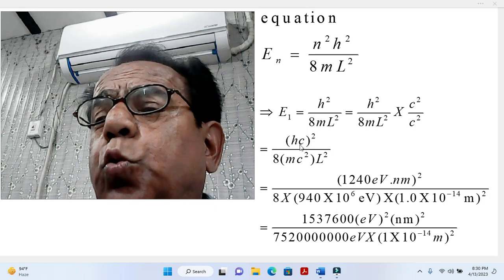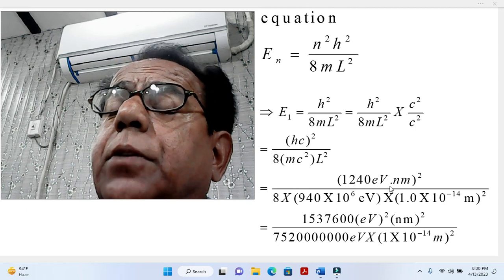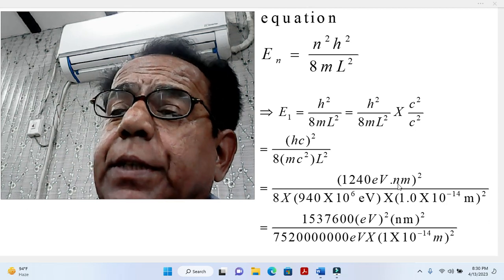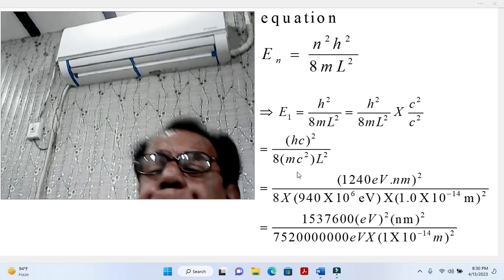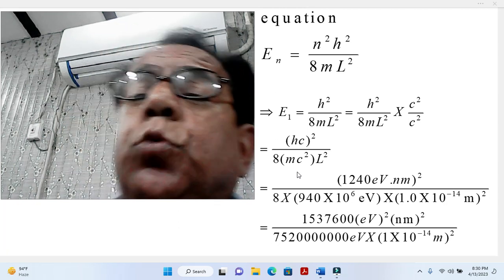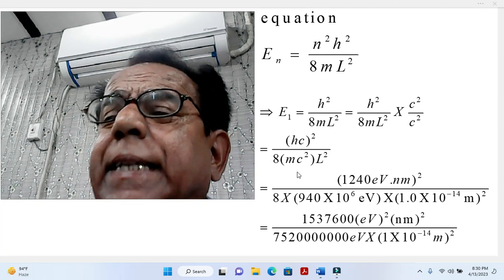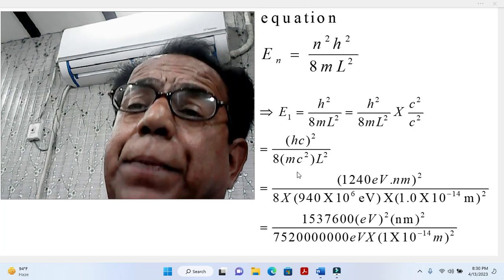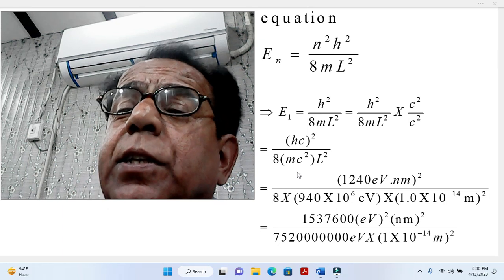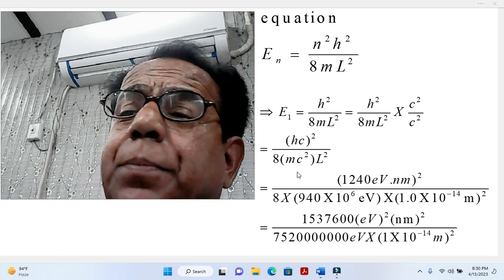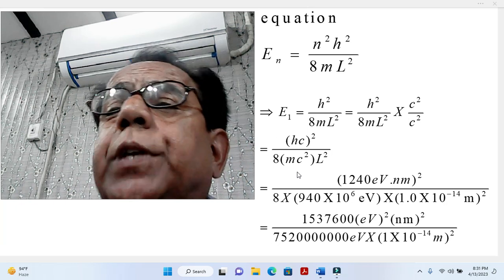So in place of hc we will use this value 1240 electron volt nanometer divided by 8 into mc². In place of mc², as per our tools number 2 and 3, its value is 939, but because in the statement the value has been rounded to 940, we are not at liberty to prefer our tool over the value given in the statement.